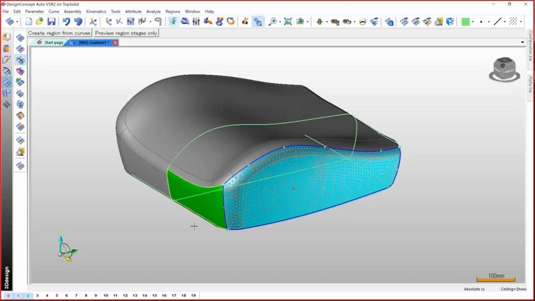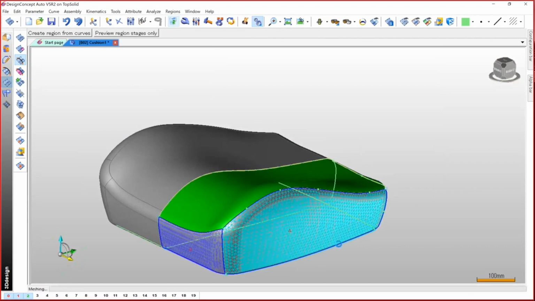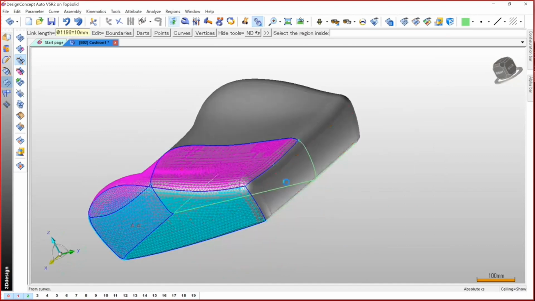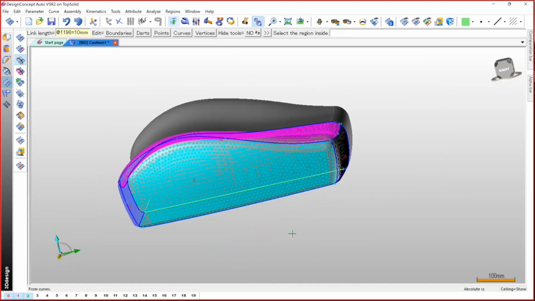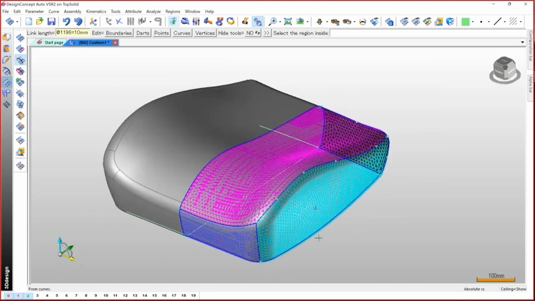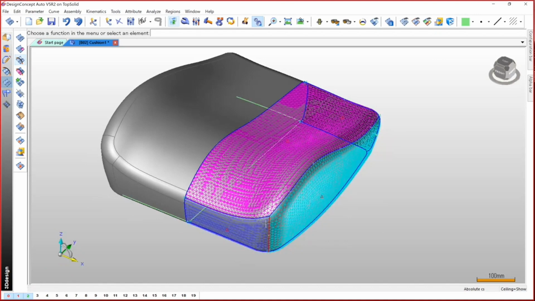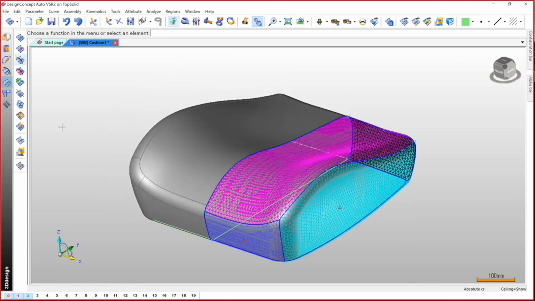Then creating the second part and the third part. And next. All right. Now he created the four parts, and then he's going to use the mirror function.